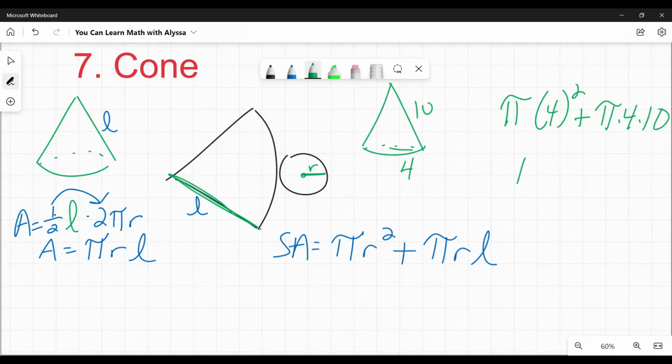Pi times 4 squared is 16 pi. Pi times 4 times 10 is 40 pi. Together is 56 pi. You should know by now I always forget to put on units. So 56 pi, and I'm going to call that feet squared. It is apparently a massive cone, a cone of truly epic proportions.